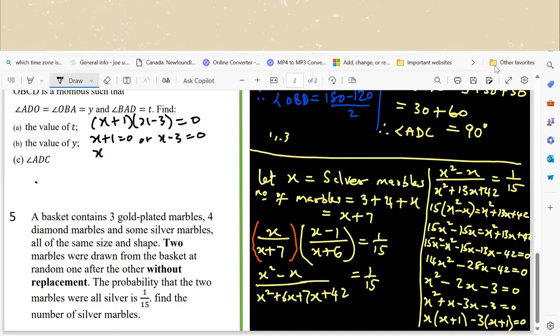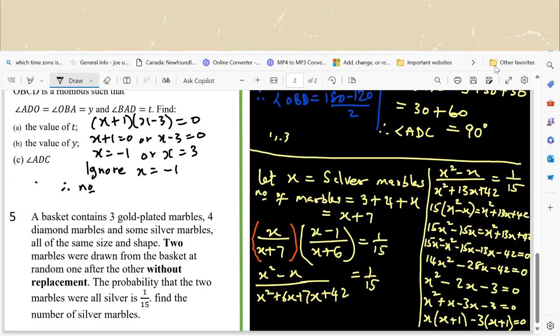So solving, we have x equals minus 1, or x equals 3. So we are going to ignore x equals minus 1.